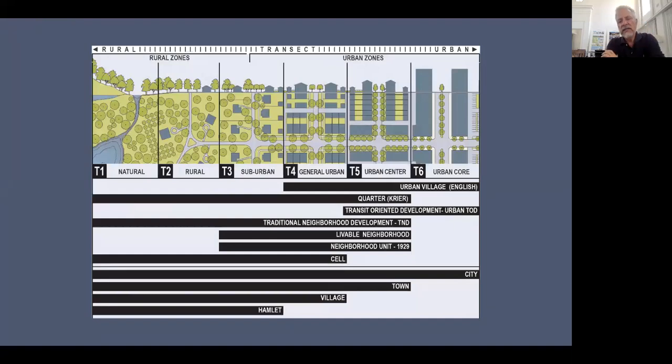One of the things about the transect, there's many terms in urbanism. Here you have the urban village, the quartier of Leon Krier, transit-oriented development, traditional neighborhood development, livable neighborhoods. You see it, the cell, the city, the town, the village, the hamlet. You can see all the proprietary terminology at the bottom, but actually they're all after the same thing, which is the good city, the city of good government.